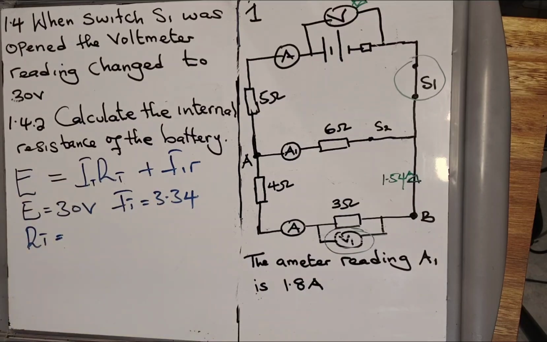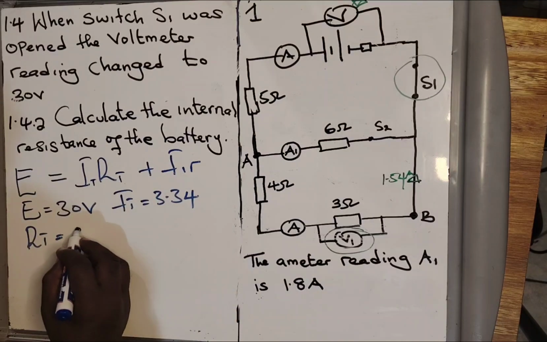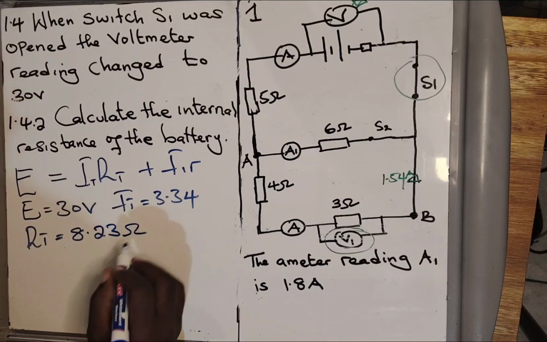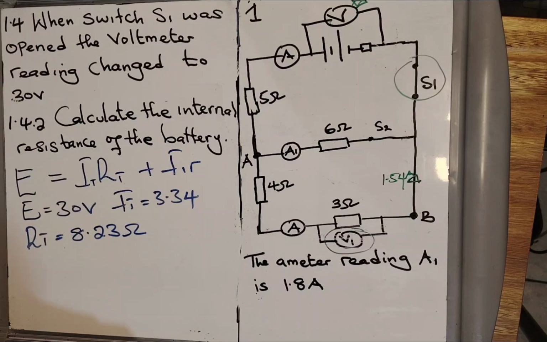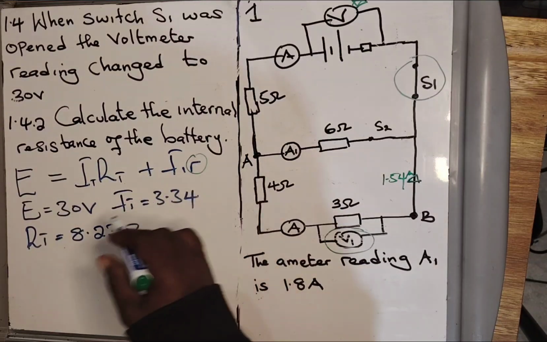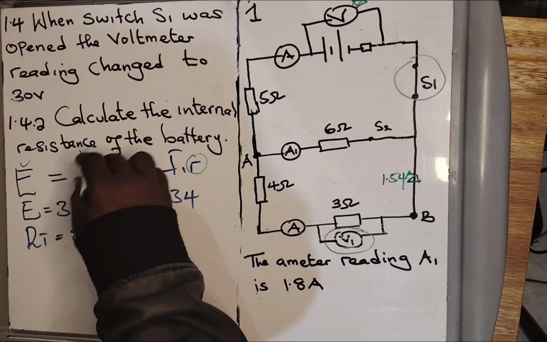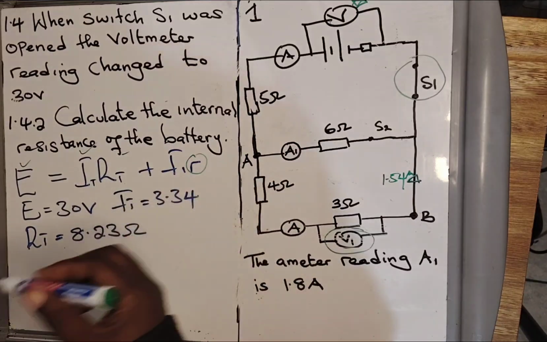We found it as 8.23 ohm. So these are all we need to calculate our internal resistance. You have everything here apart from the internal resistance.